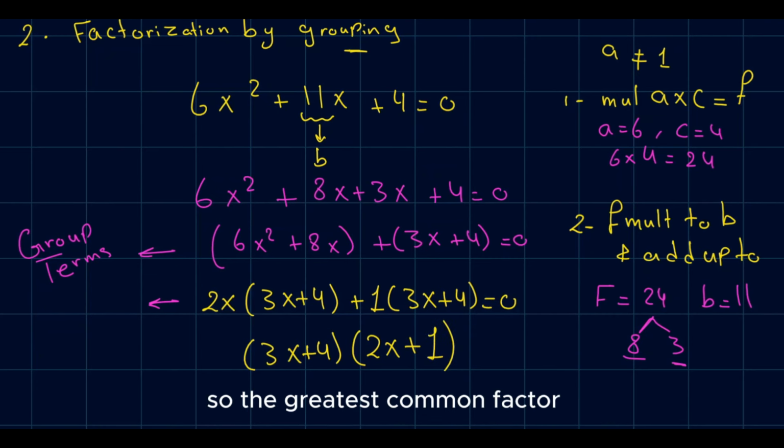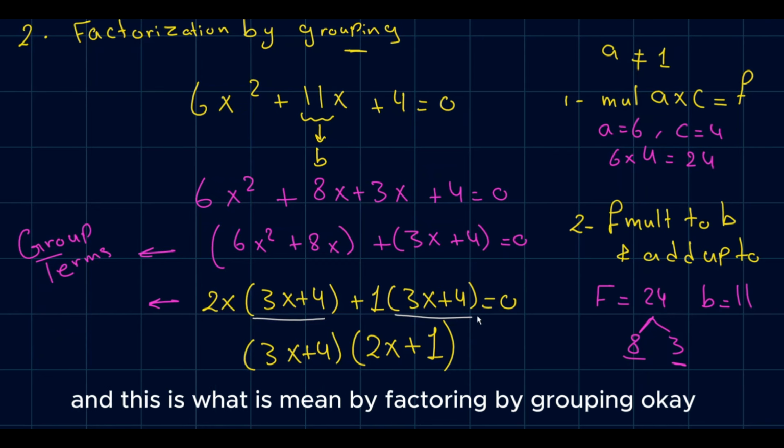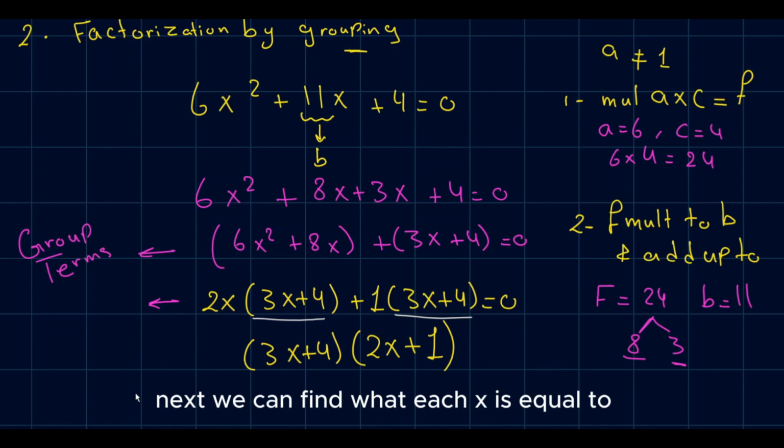So the greatest common factor that we can see over here is the bracket. And this is what is meant by factoring by grouping. Okay, next we're gonna find what each x is equal to. So let's find the roots for the equation.